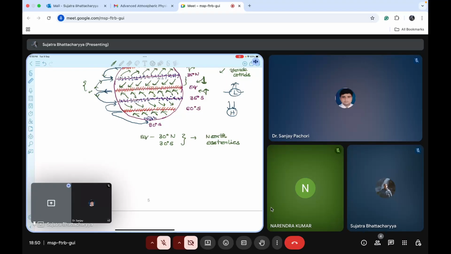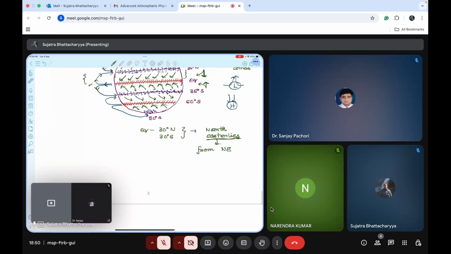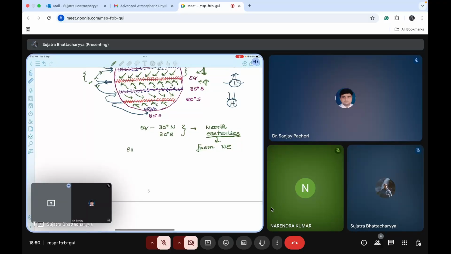Why? This term easterly represents that winds are moving from the east or northeast. Okay, so if we say that there is an easterly wind, that means it is moving from east to west. Just remember this. So let me write it.